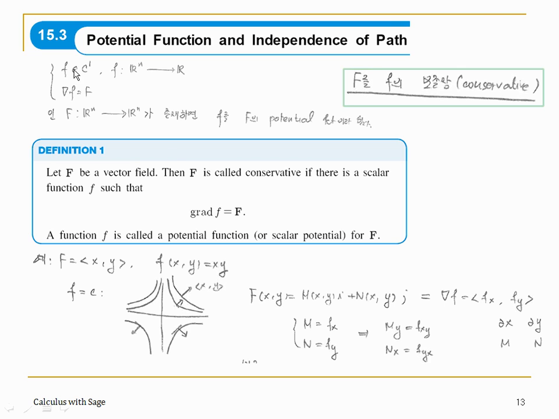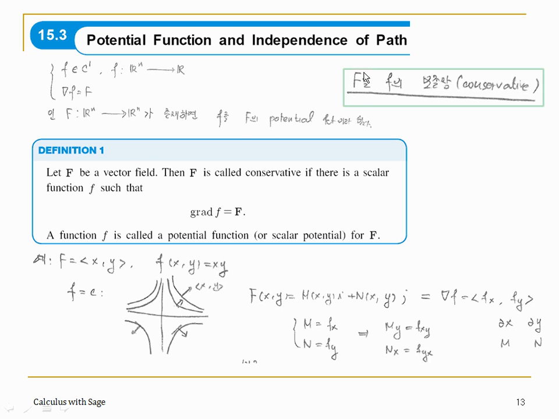Suppose f is a continuous, first-differentiable function with domain R^n and range R. If there exists a function F such that the gradient of f is equal to F, then for the vector field, the vector-valued function from R^n to R^n, we say little f is a potential function of capital F.